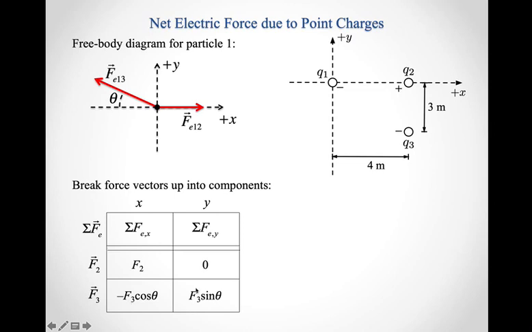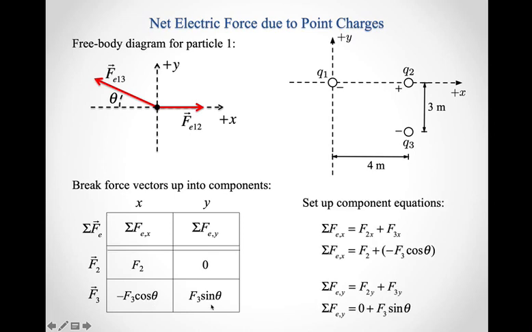The magnitude of force 3 is something I'll calculate in a minute, and again, the angle theta is the angle that force vector makes with the x-axis, which means cosine theta goes with the x component, sine theta goes with the y. So if I've broken my vectors up into their components correctly, then it's easy enough to go ahead and set up my equation.